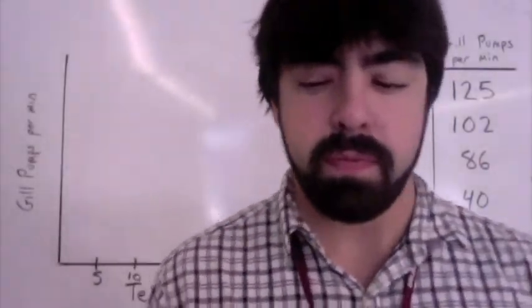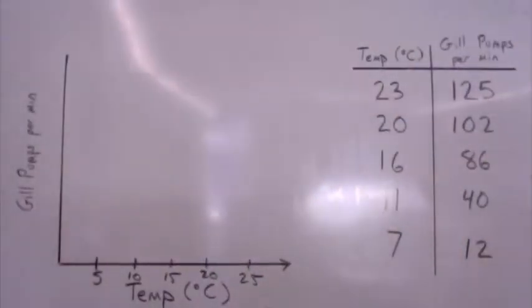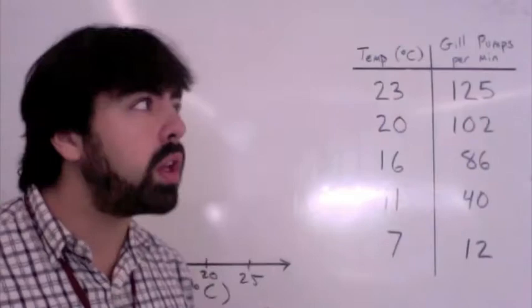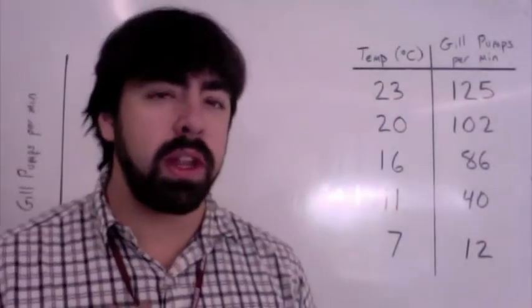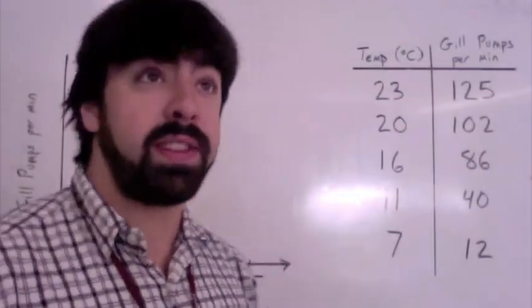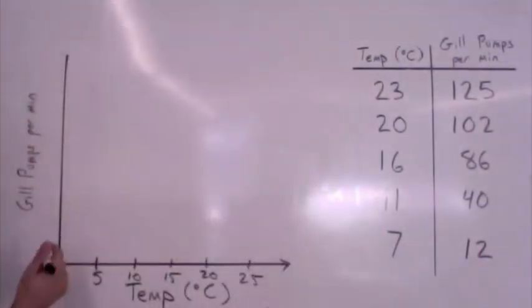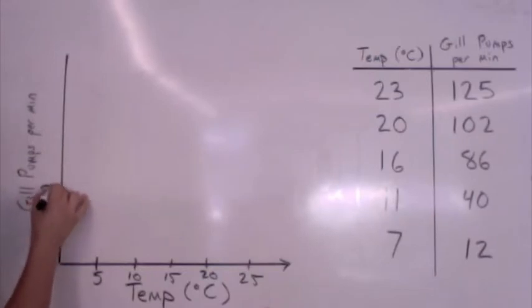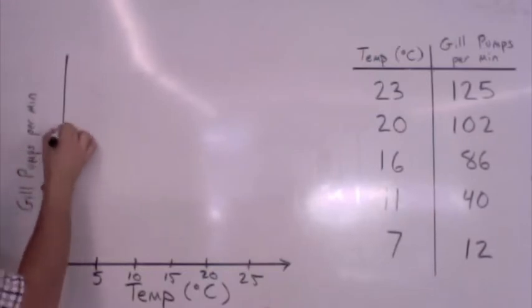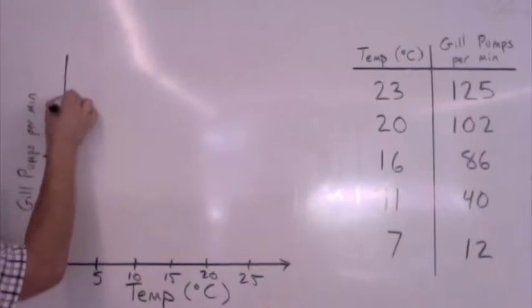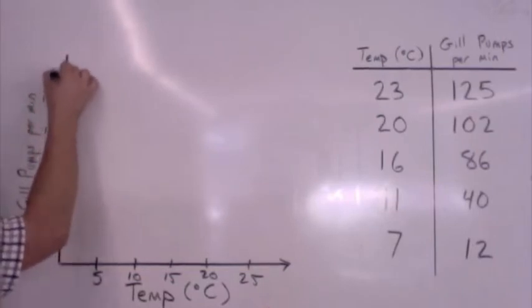Good. Looking over here, I've got 12 to 125. You could go by 10s, but I'm going to make it easier for myself by going by 25s. So 0, 25, 50, 75, 100, 125.